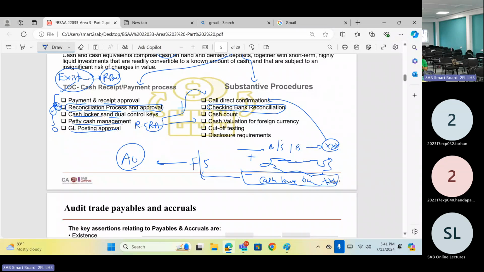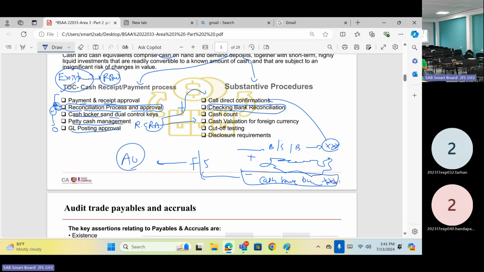Cash count. When reconciliation is done, right? We can do a cash count. The way we do the cash count depends on the cash we have, the cash in hand, right? In most cases, companies are not keeping cash physically in the organization.